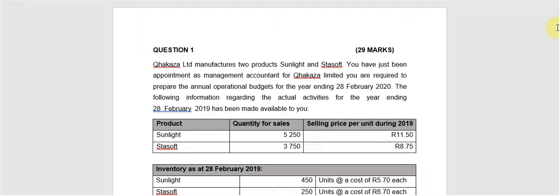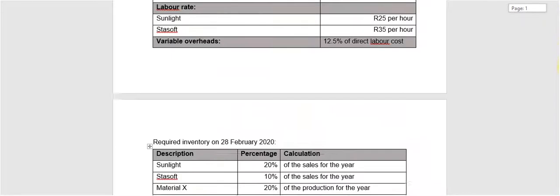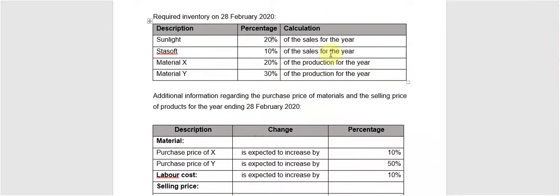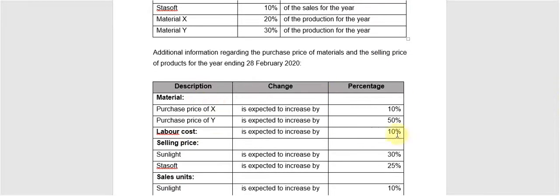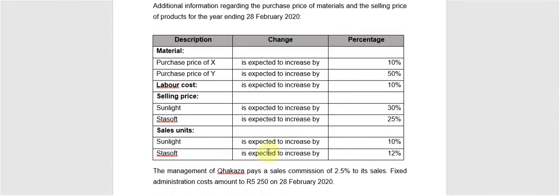They have given you the data of 2019, and then they have given you changes in percentages in order to calculate for February 2020. For example, they've told you that there are increases in the prices of materials and in the labor cost, in the selling price. There are changes in the sales units.